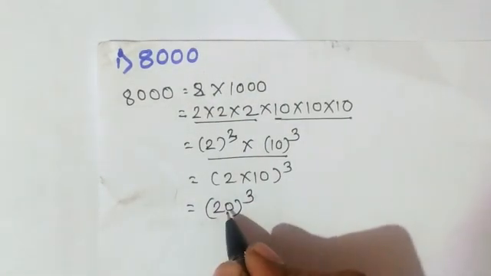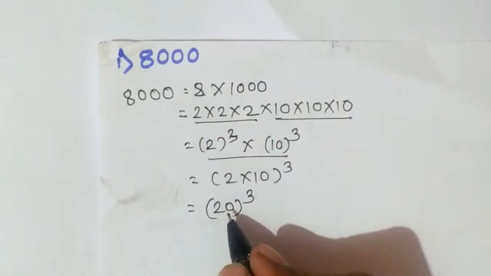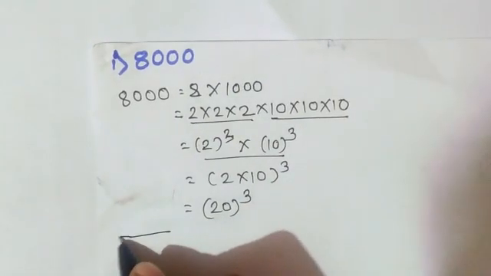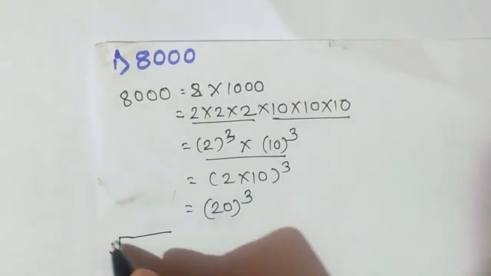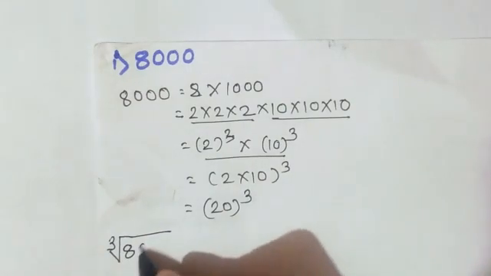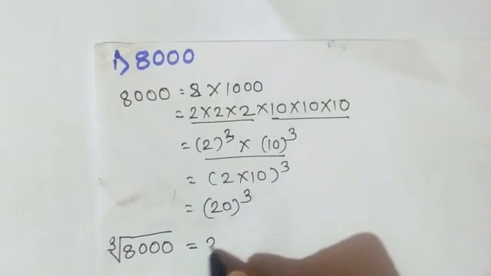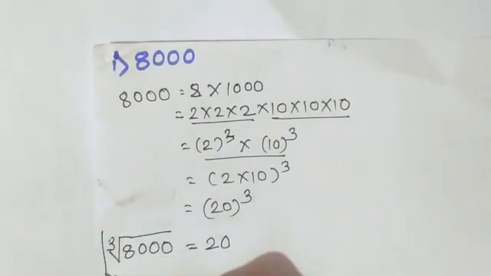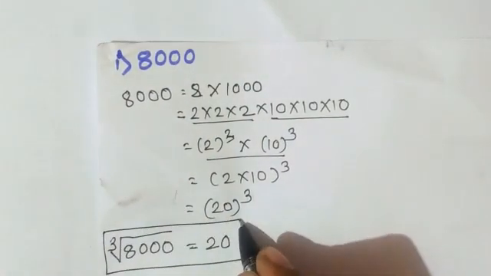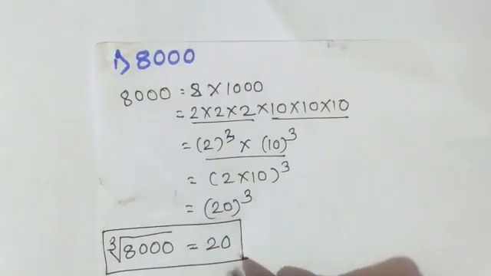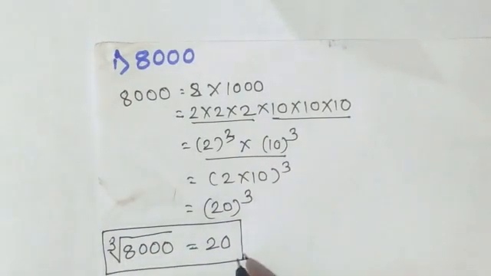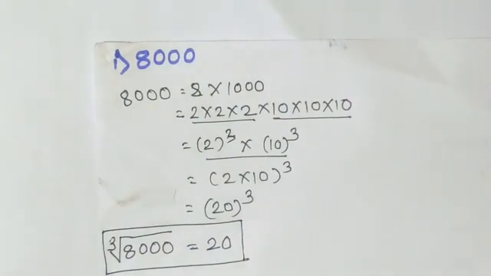Here 20 is our final answer, but how are we going to write it? In the cube root we place 8000 and the answer 20. This is the proper way to write the answer: cube root of 8000 is 20. Got it, students? Let's move towards the second question.